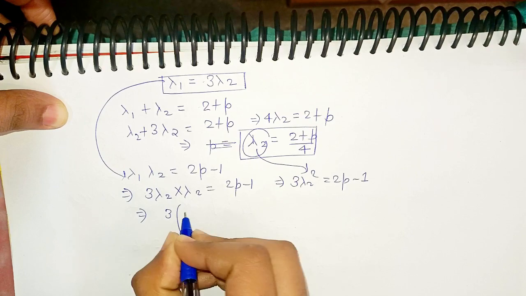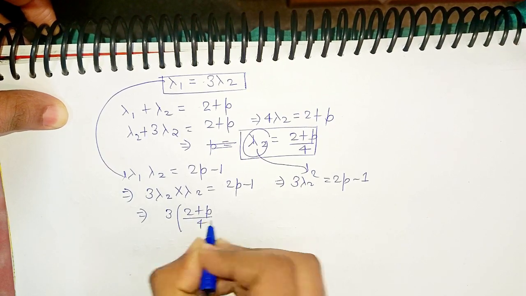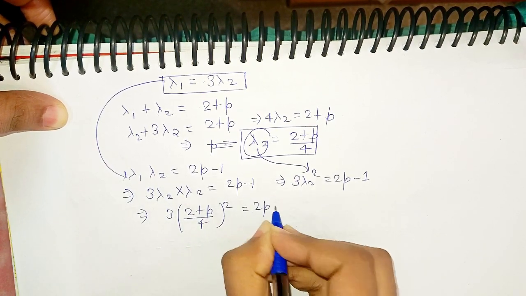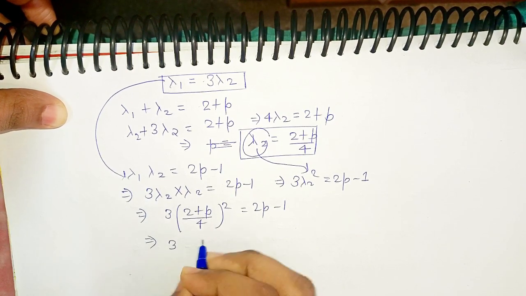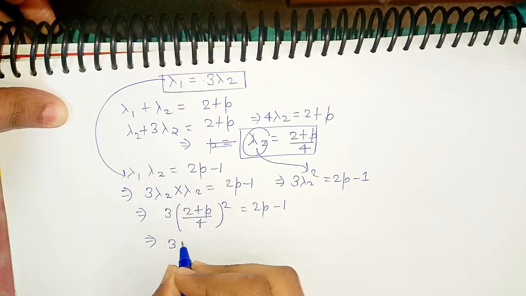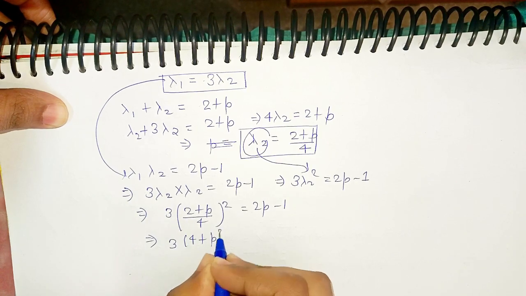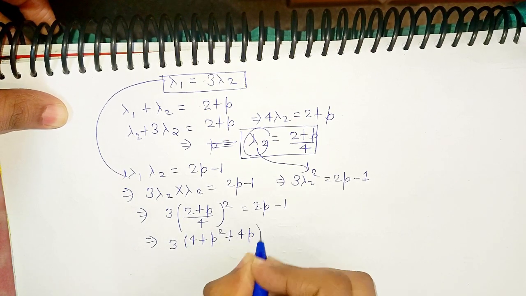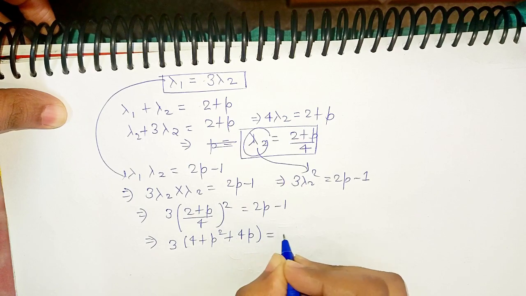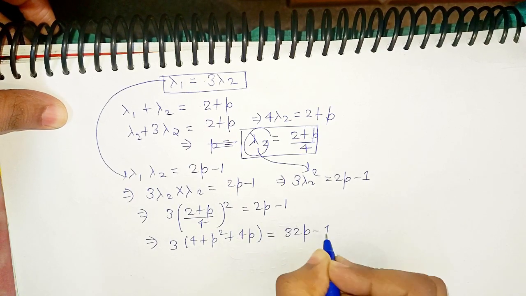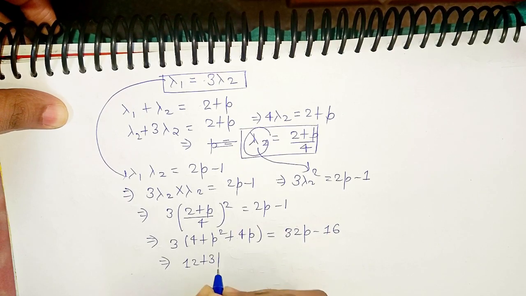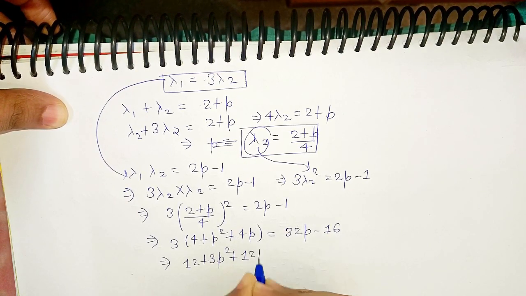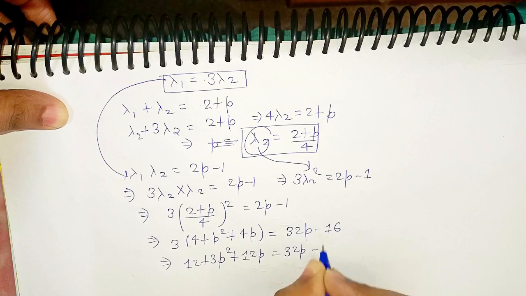You will get 3 times ((2 plus p) divided by 4) whole square is equal to 2p minus 1. Now open this expression and solve. You will get 4 plus p square plus 2 2s are 4p, over 4 square, 16. Multiply this side, so it becomes 32p minus 16. So this becomes 12 plus 3p square plus 12p is equal to 32p minus 16.